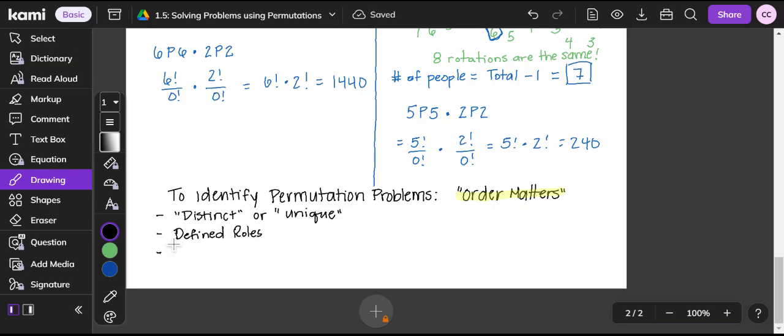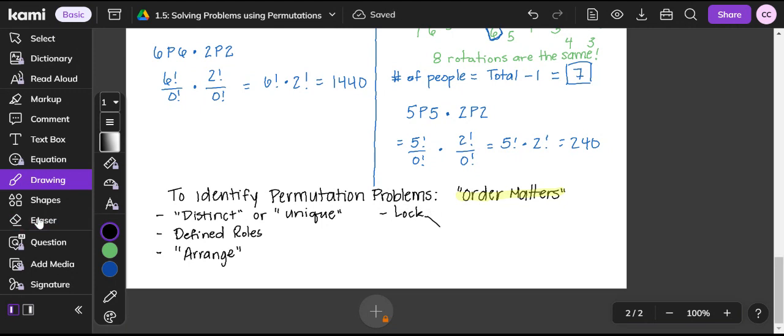We also talked about if you see the word arrange. The word arrange tells you that you are putting things into order. So order matters.